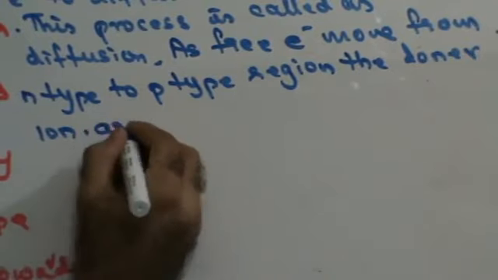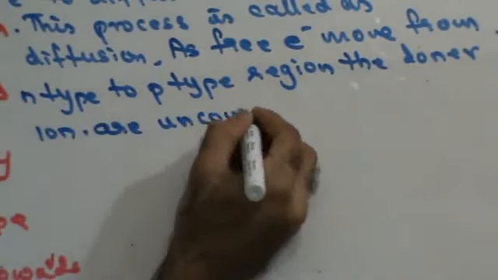The donor ions are uncovered, that means they lose their charge, right?